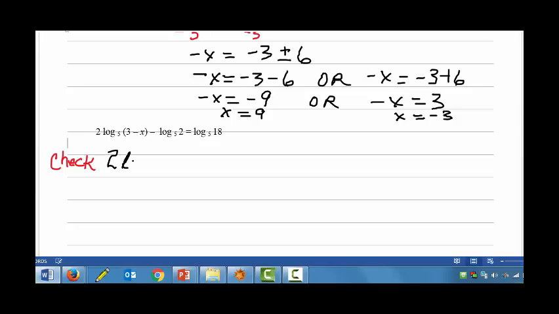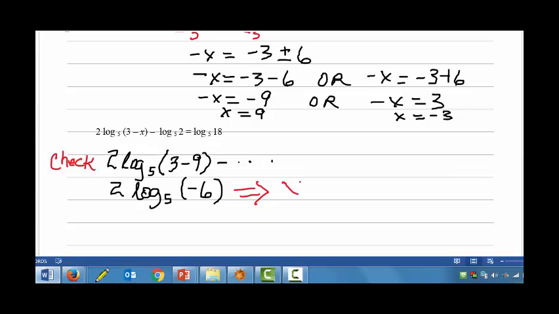So 2 times the base 5 log of 3 minus 9. And I can stop right there. Minus, I'll just put dot, dot, dot. No need for me to go on, because I see that I'm taking the log of a negative. And the input to a log must be a positive number. It can't be 0, it can't be negative. So this is undefined.